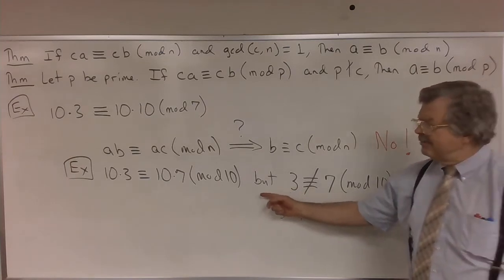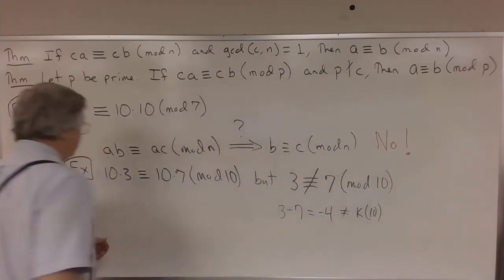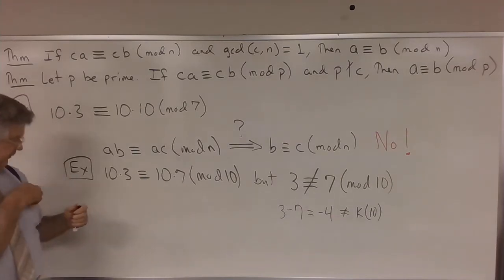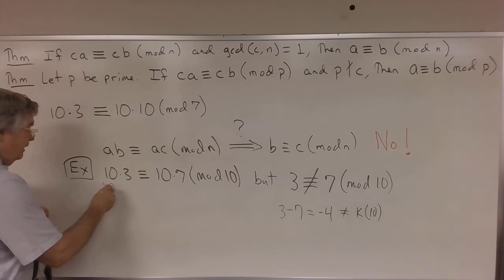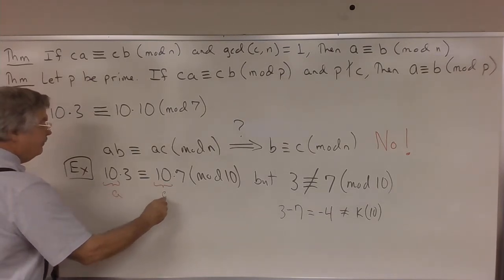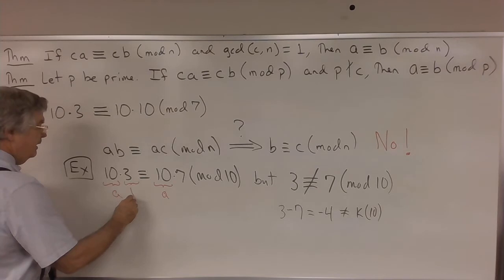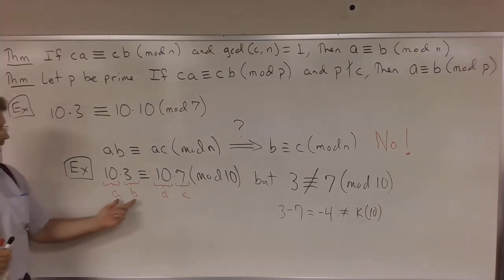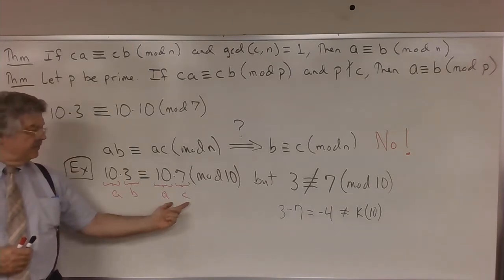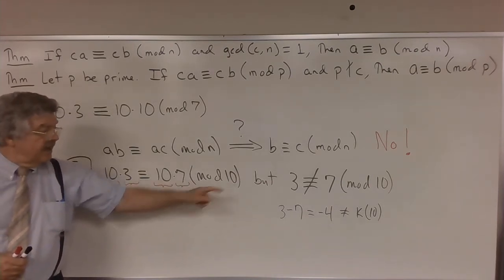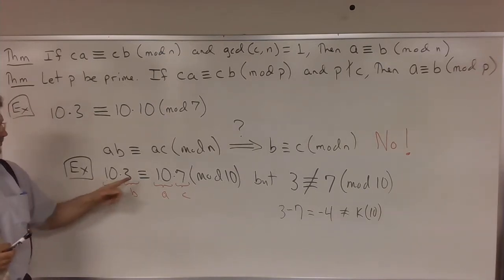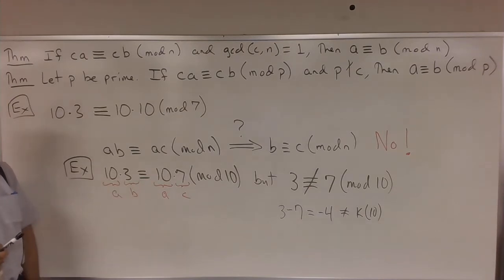So here's an example to show that if we have A times B congruent to A times C, and 10 is our A here, and 3 is our B, and 7 is our C, we have AB congruent to AC mod 10. We can't cancel the 10s from both sides and still have a congruence.